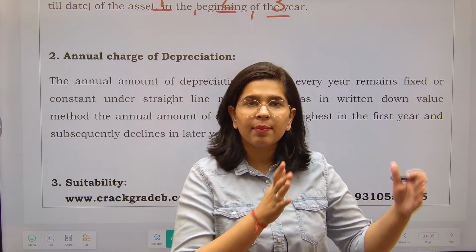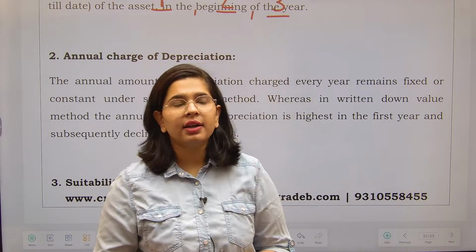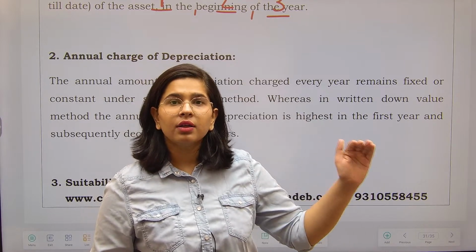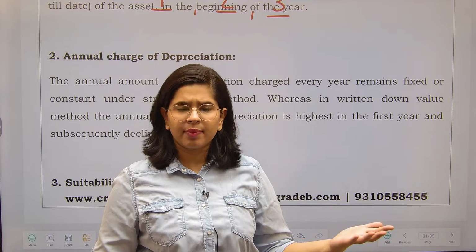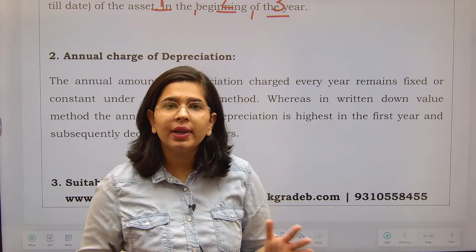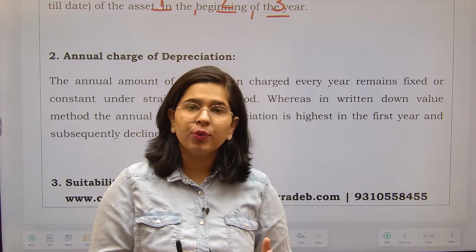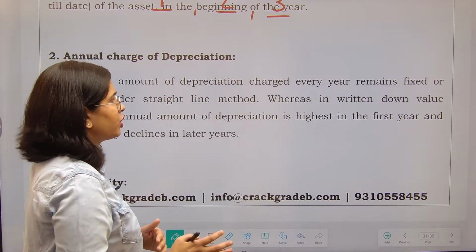But what happens in the WDV method? Every year depreciation goes down and repairs increase, remain constant, or decrease, whatever happens. So the cumulative effect is different in both these methods, right? I hope you must have watched yesterday's lecture as well.